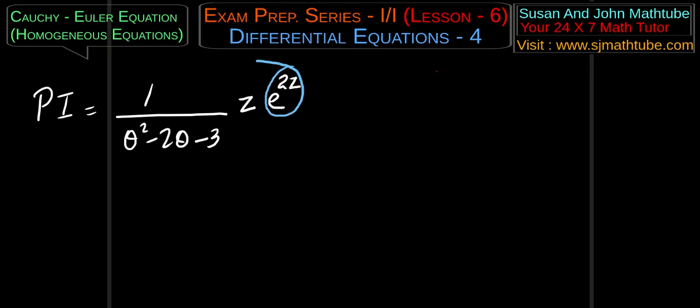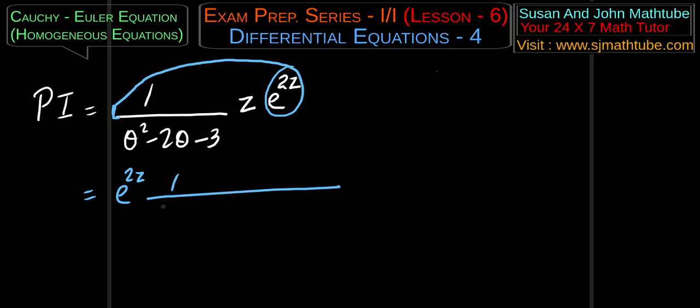Yeah, you take this outside the operator and then replace D with theta, there is no more D, so that is theta plus 2 the whole square minus 2 into theta plus 2 minus 3 of z. I hope you are able to understand this.